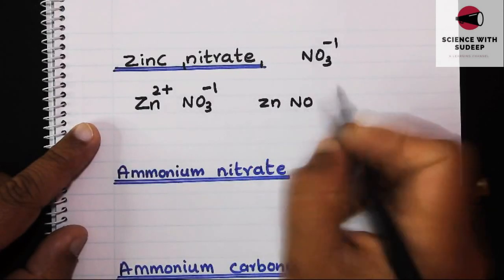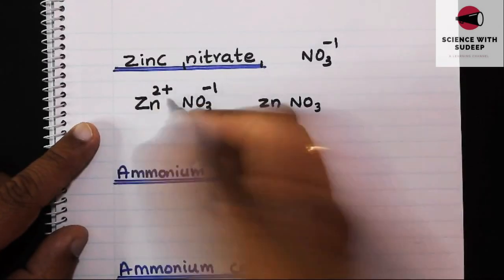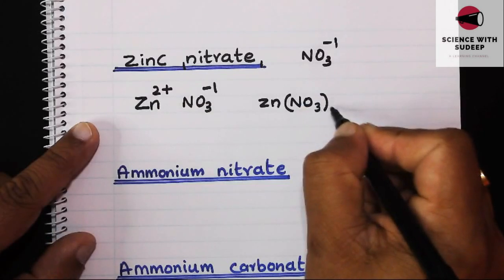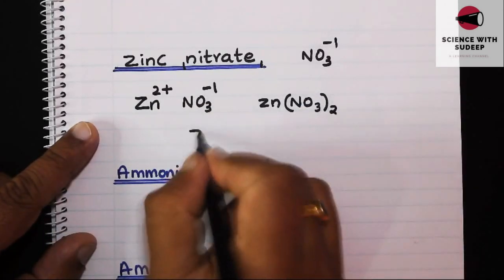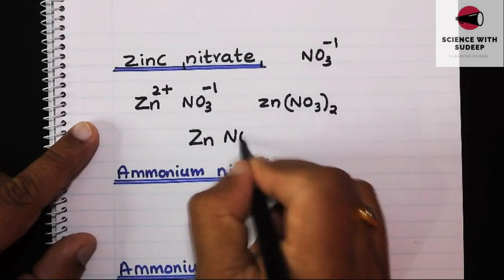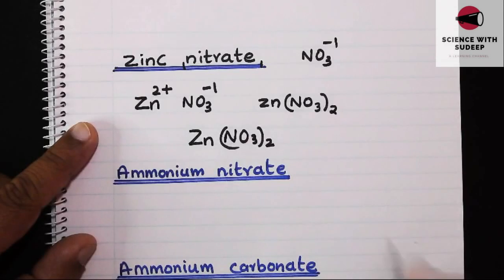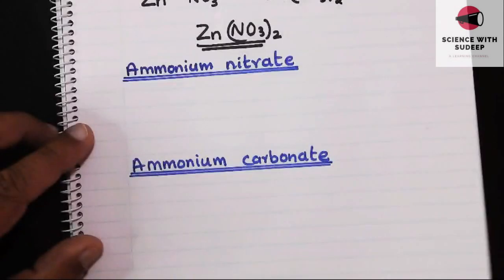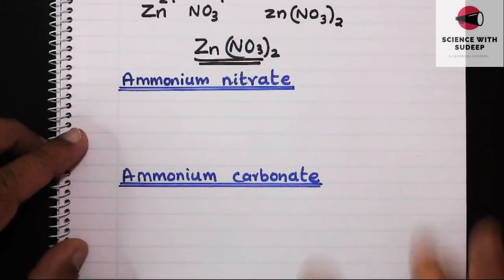When you write nitrate, you should know that NO3 is a compound ion, and when the 2 comes this side, you must know that the 2 belongs to all of them, for the whole family. So you write zinc nitrate like this, Zn(NO3) twice. The 2 is outside the bracket. That is zinc nitrate.